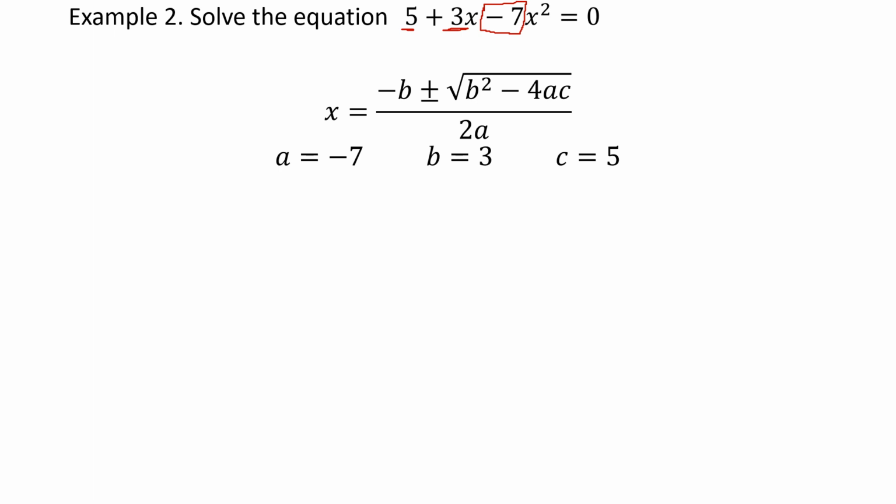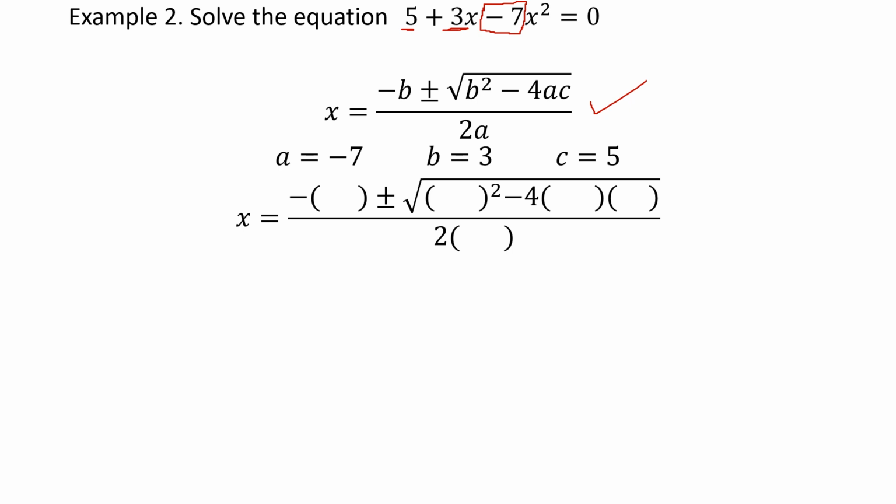Then the next thing is to rewrite this formula as it is, but wherever we have the letters a, b, and c, we are going to put brackets like this. Then wherever we have b, we are going to write 3 because b is equal to 3. So it's minus 3 plus or minus the square root of 3 squared minus 4a. a is minus 7, so we're substituting minus 7 for a.